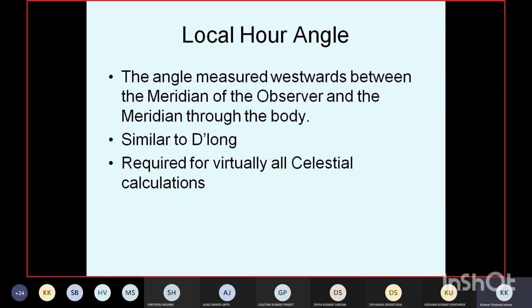We come to the third reference point now. For longitude, we had the Greenwich hour angle measured from Greenwich. Greenwich is a fixed reference point. So we had Greenwich hour angle, we had sidereal hour angle from the first point of Aries, the meridian passing through the first point of Aries. But I am the observer.